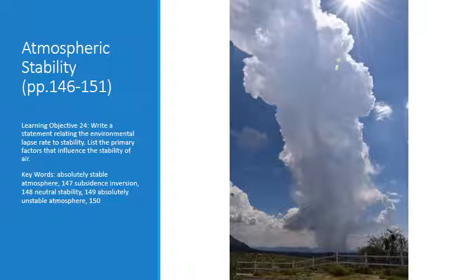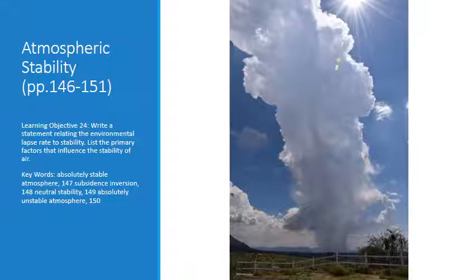So if the parcel is cooler than the surrounding environment, it will be more dense, and if it's allowed to do so, it will sink to its original position. Air of that type is stable, and it resists vertical movement upward.